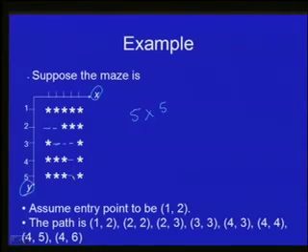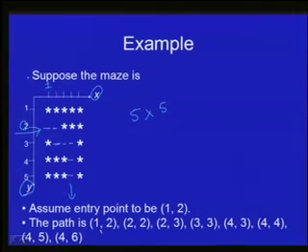Let's assume that the entry point is 1, 2 in the familiar Cartesian coordinate system, which means that x is 1 and y is 2. And here is another exit from the maze. The path from the entry point should take us out of the maze through this particular exit point.